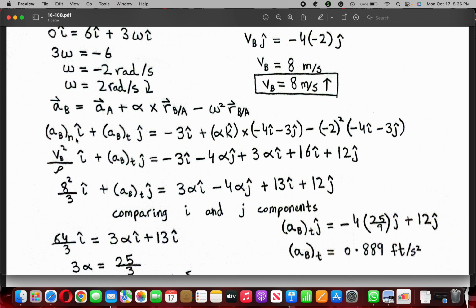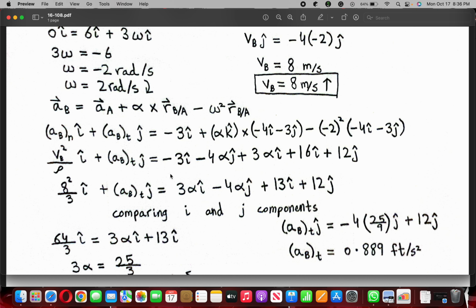For the normal component of acceleration, the formula is v squared over rho, where rho is the radius of curvature, which is 3, and v is 8 from the previous finding, and the tangential component we don't know, so it stays as it is.